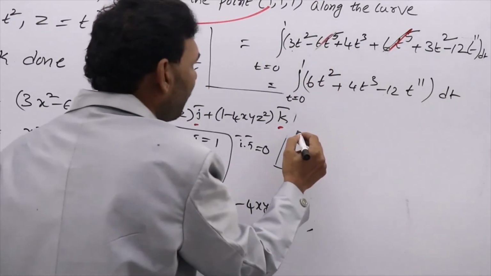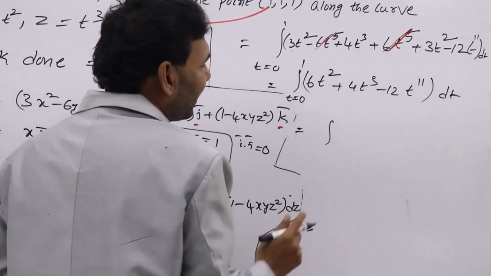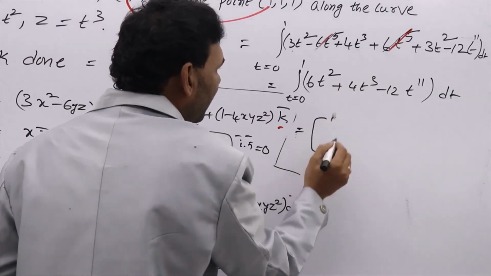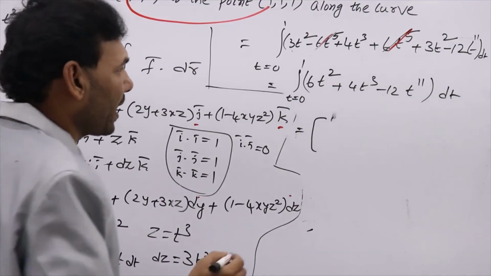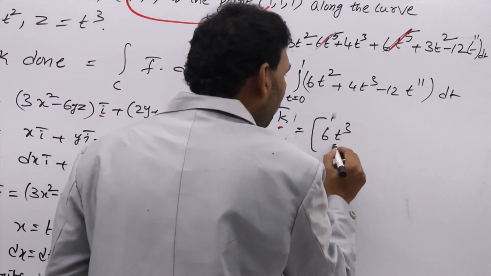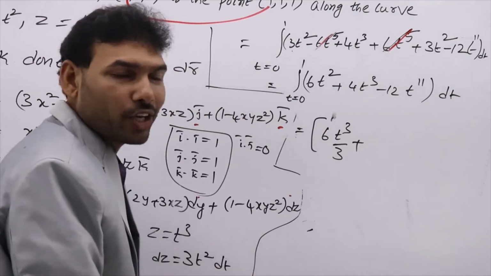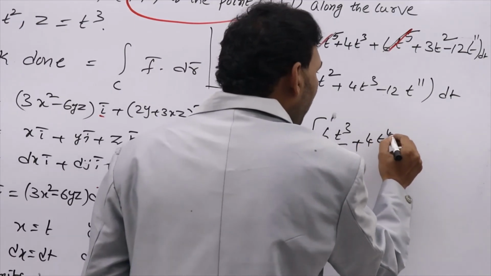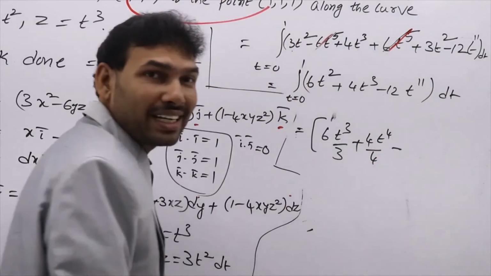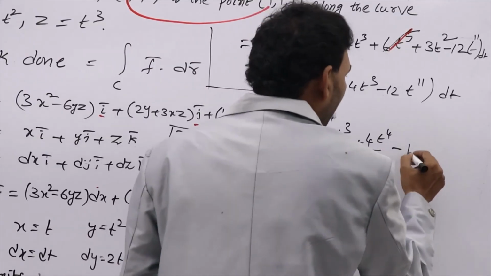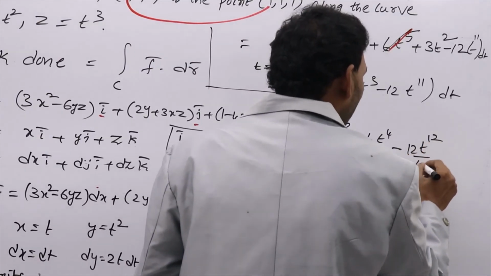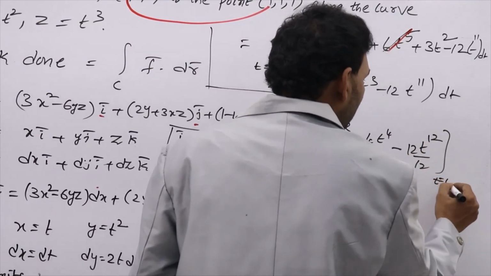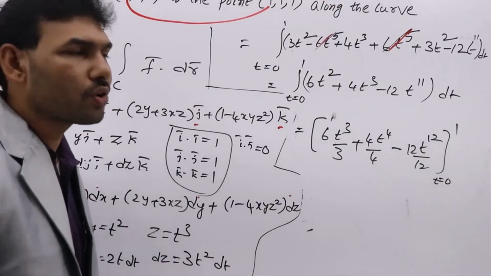Now integrate, as I said, integration increases the power. So the integral of t square is t cube by 3, the integral of t cube is t power 4 by 4, the integral of t power 11 is 11 plus 1, 12, t power 12 by 12, from limits t equals 0 to 1.